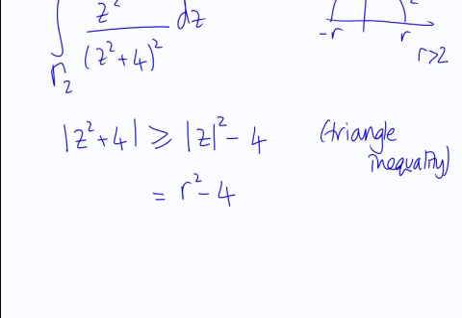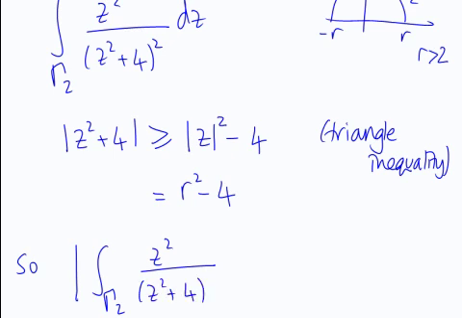So what we in fact have, if we want to try to get a bound on this integral, and in order to use the estimation theorem I will want the magnitude of this, but in fact because of the squared terms in there we can effectively ignore the modulus signs.